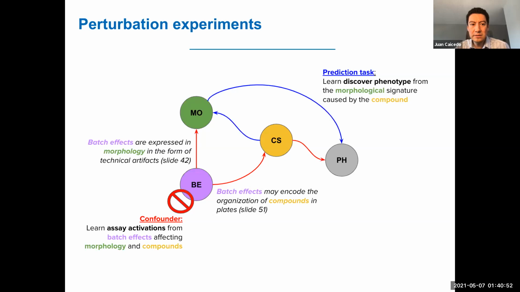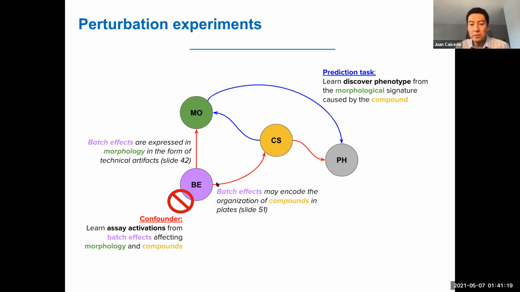Turns out there is one important caveat here, which is we are dealing with perturbation experiments. So what that means is that we're going to take cells and treat them with compounds, some compound structures, like chemicals, and we apply those compounds to cells in plates, and they give us a morphology, which is what we observe in the images.